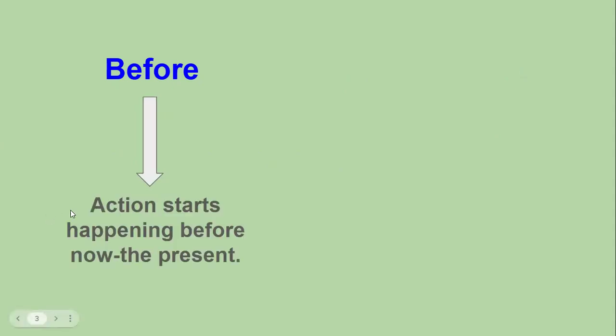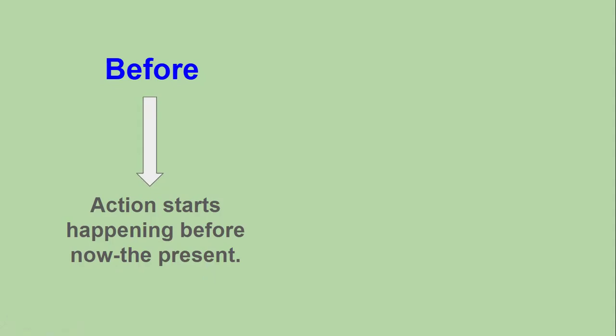So we have a period here, which we call before, meaning before the current moment. So before the current moment, what happens? Meaning in the past. What happens is that an action starts happening before now, the present, meaning that it started happening in the past.